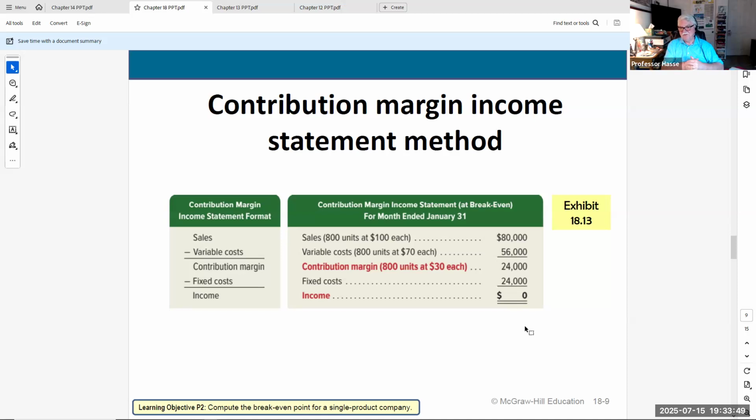Our contribution margin statement tells us that yes, at 800 units, we're having zero profit. All our costs are covered. That's important to know. It's called a contribution margin statement. I would take note of this slide for future reference.